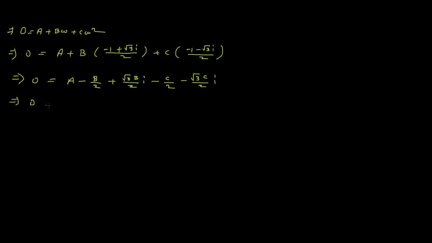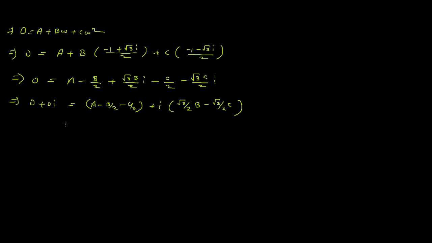This implies 0 can be written as 0 plus 0 iota, no issue. That is equal to A minus B by 2 minus C by 2, this is the real part. And I can take iota common plus iota, this will become root 3 by 2 B minus root 3 by 2 C.